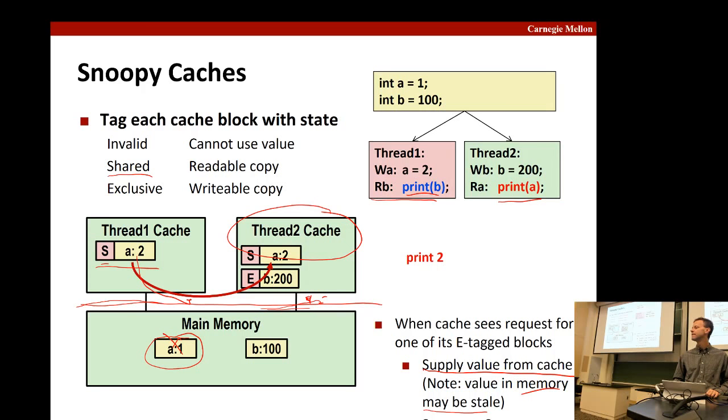Yes. So in what kind of situation would the value of A come from main memory instead of thread 1? Could thread 1 have the value of A, but at the same time it doesn't supply the value of A?